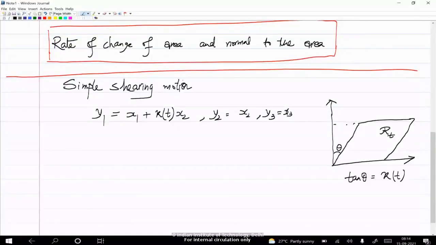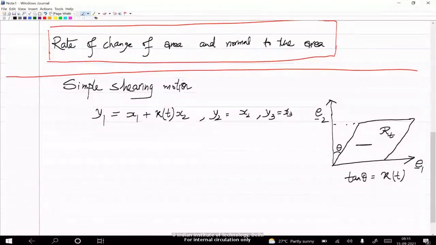So I mean, we had seen this example for finding out what are the various strain quantities. Do you guys remember that a line element? So if I say that this is E1 and this is E2, so a line element along E1, it is not changing its length, right? It also does not change its orientation.